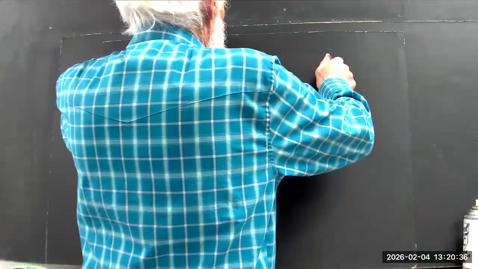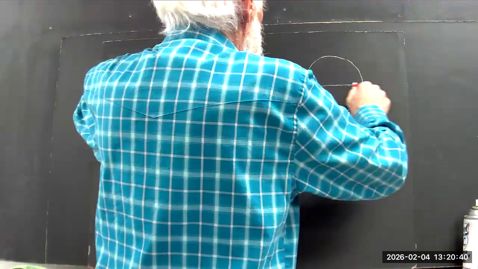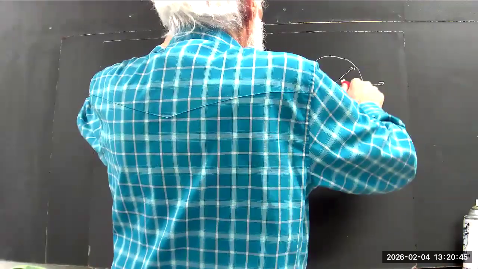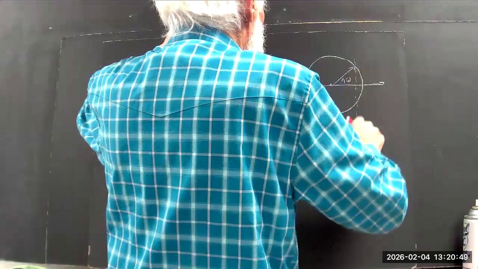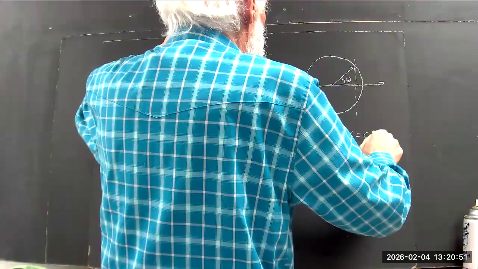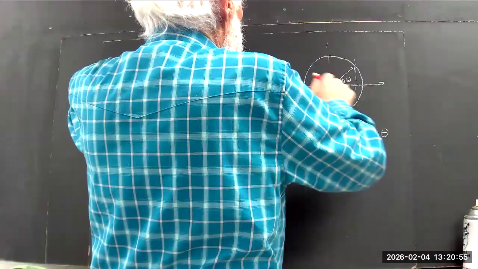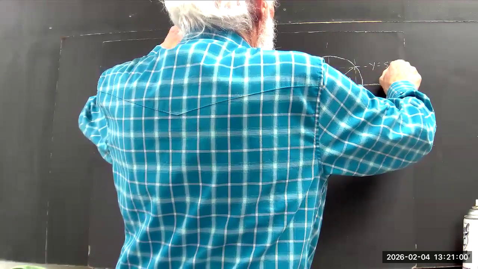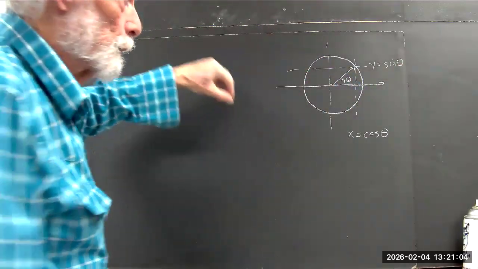We start with the unit circle. So this is a unit circle.